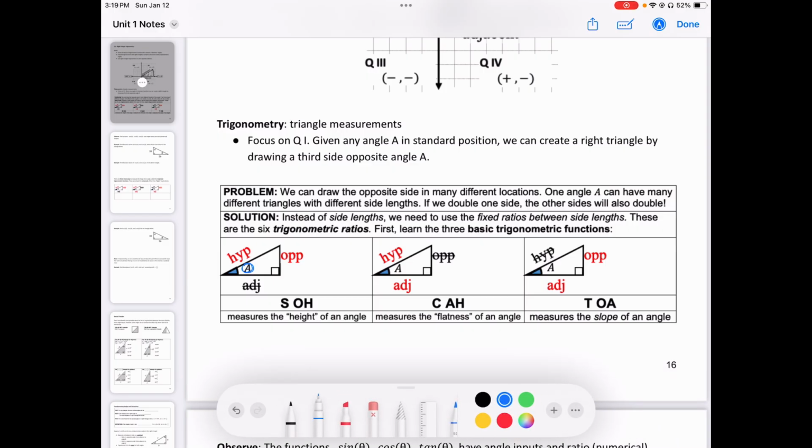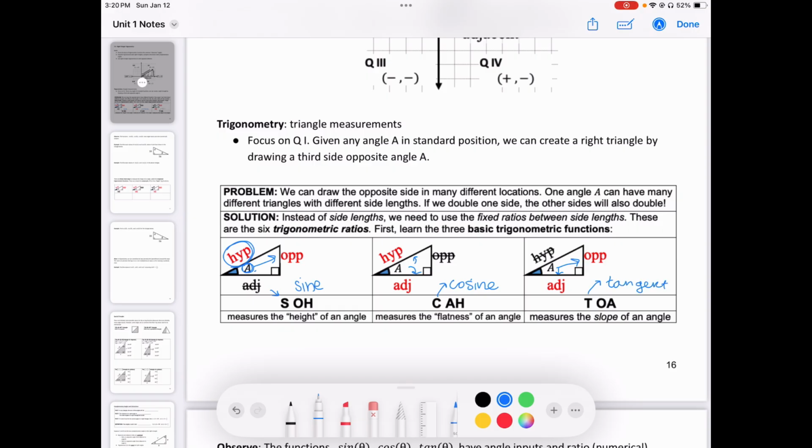We can work with the opposite side and the hypotenuse side, and that is going to be used with sine. These are called trigonometric ratios. Then we can also work with the adjacent side and the hypotenuse side, and that's going to be your cosine. Or we can work with the opposite side and the adjacent side, and this would be tangent.